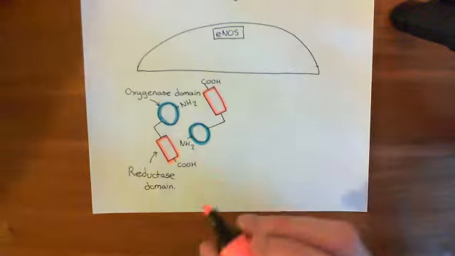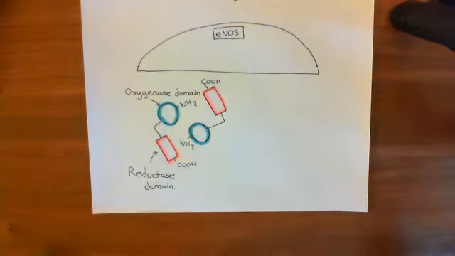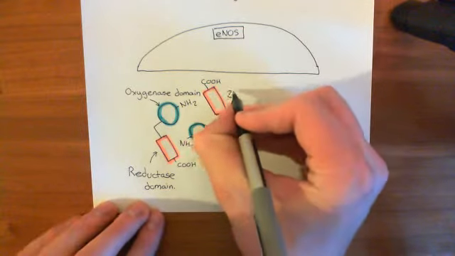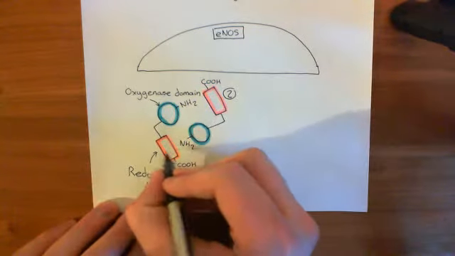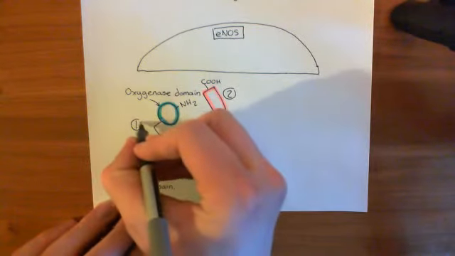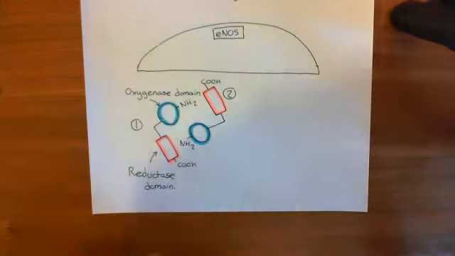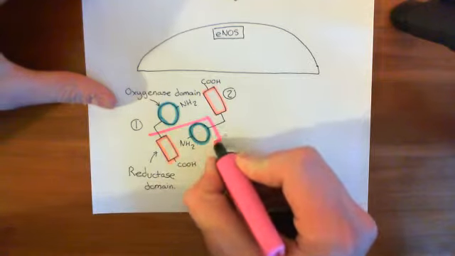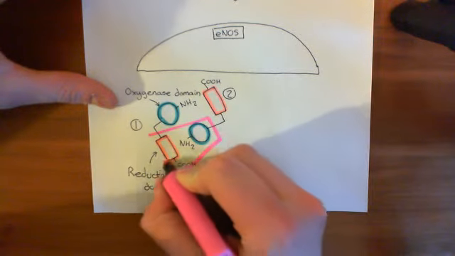Okay, now what's going to happen is this oxygenase domain of, let's say, eNOS protein 2 is going to function with the reductase domain of eNOS protein 1. So these two together are going to make a functional enzyme. Okay, so this is going to be a functional enzyme.